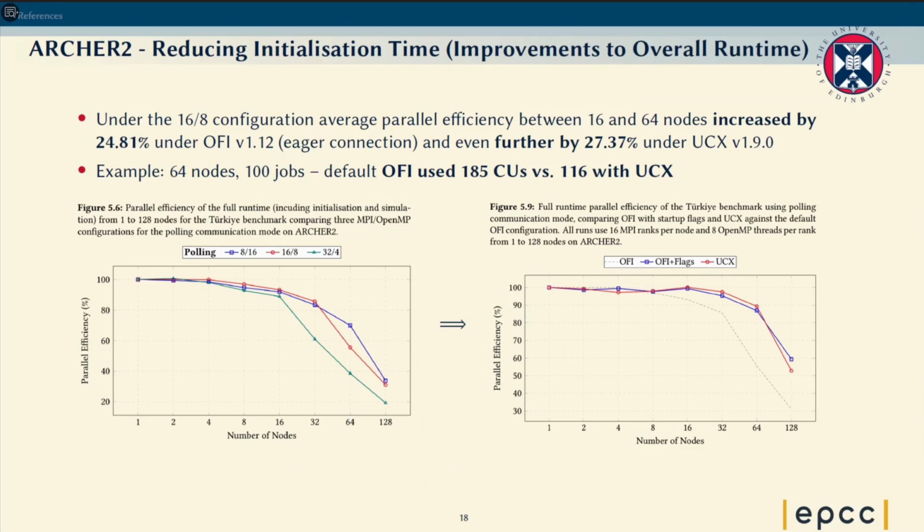If you are a SeisSol developer who wants to reduce your resource usage, I believe that 16 nodes is the most efficient, but obviously that increases time to solution. If time to solution is more important, I believe that 64 nodes balances the two. For example, let's say you wanted to run the big benchmark on 64 nodes 100 times. If you were to just run SeisSol by default, it would take about 185 CUs, but through my tuning, it reduces to about 116.